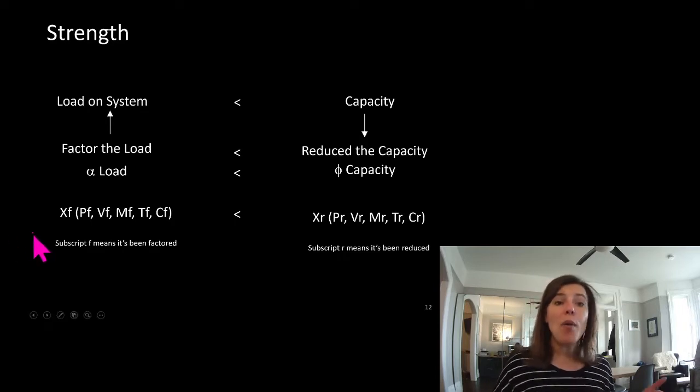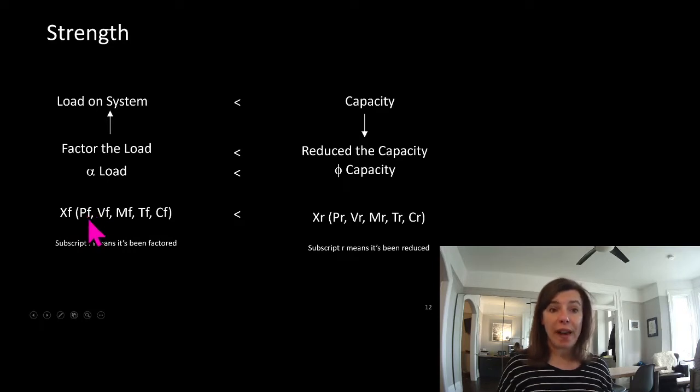Well, the way we remind ourselves that we've done that is we write a little F right here. So if we're talking about axial loads and you see an F, that's a factored axial load. If we're talking about shear, and V means shear, we're going to touch on that in a couple weeks, if you see an F, it's the factored shear. M is moment, small f, it's a factored moment.